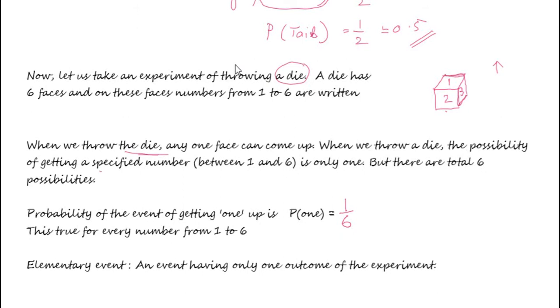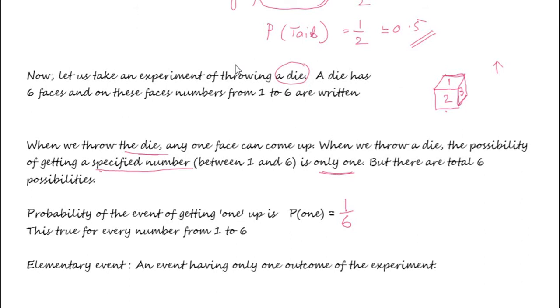Now the possibility of getting a specified number, suppose I want number 2 or number 3, any one of those numbers, then the possibility is only 1, unless I have written say 2 on all faces, then the possibility is more.